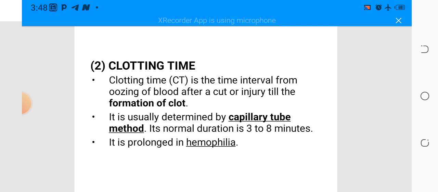This looks the same, clotting time and bleeding time. Do they? Because bleeding time is the time interval from oozing of blood after a cut or injury until there is arrest of bleeding.